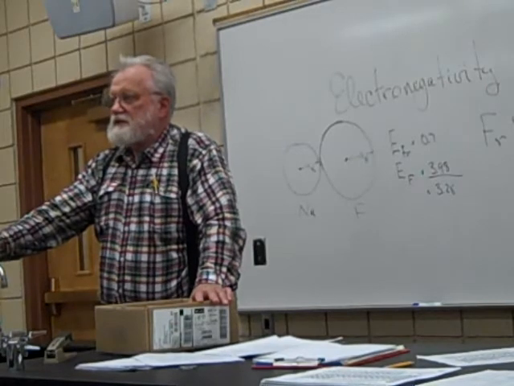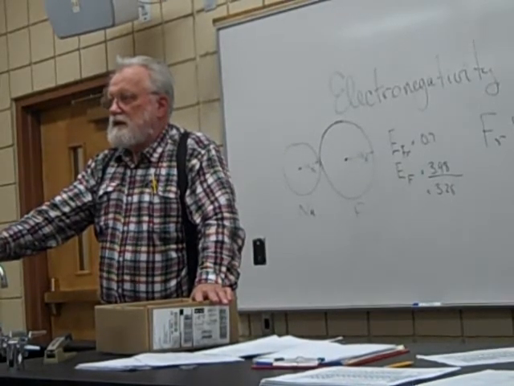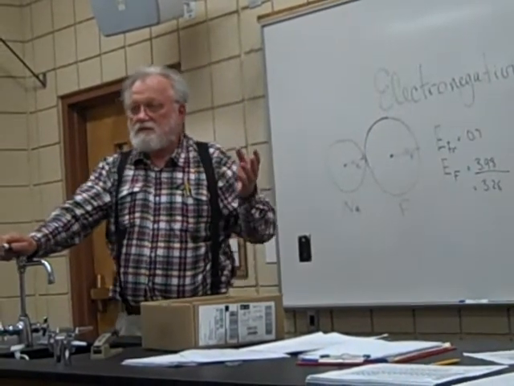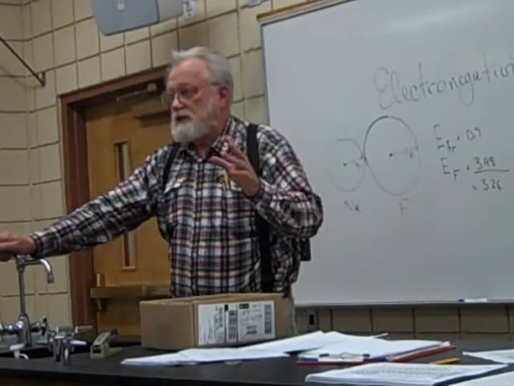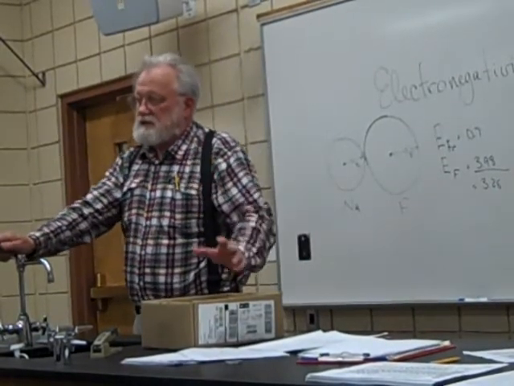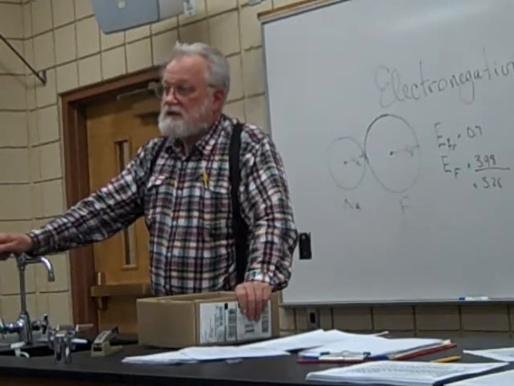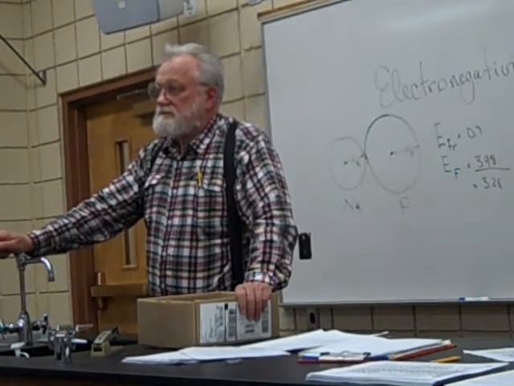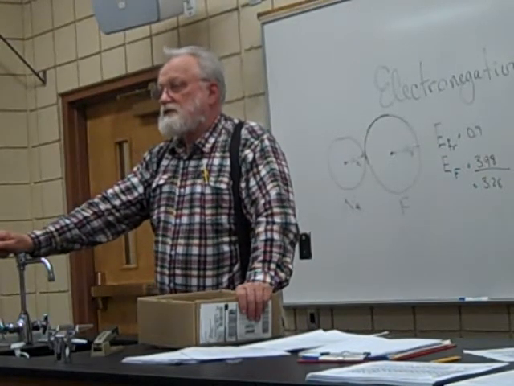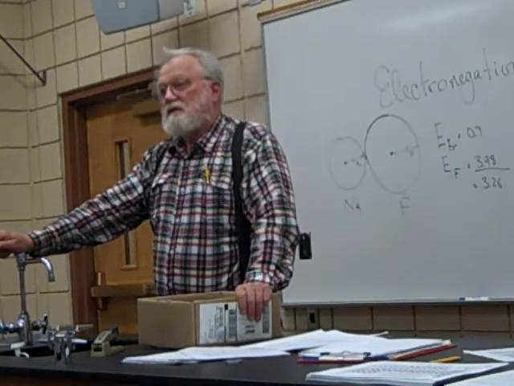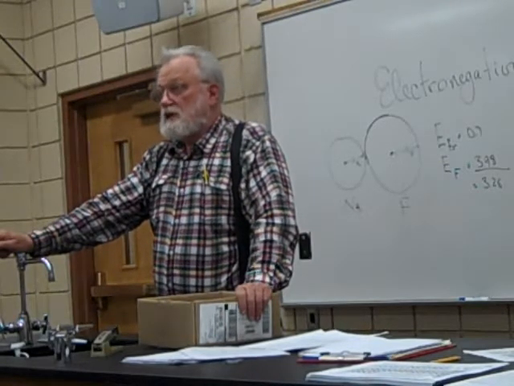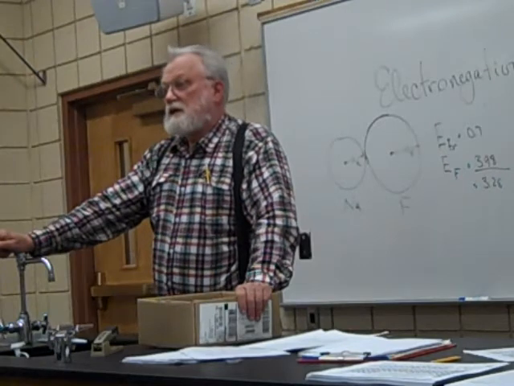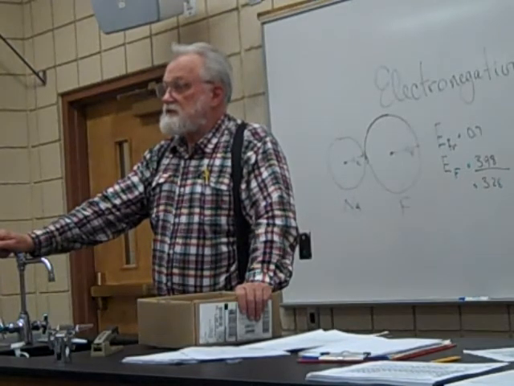Before you came to class today, unless you've studied this on your own, which I probably feel pretty safe in saying, maybe not, but maybe, you didn't know that. You thought there were two kinds of bonds: covalent, a sharing bond, and ionic, a bond that involves a transfer of electrons.